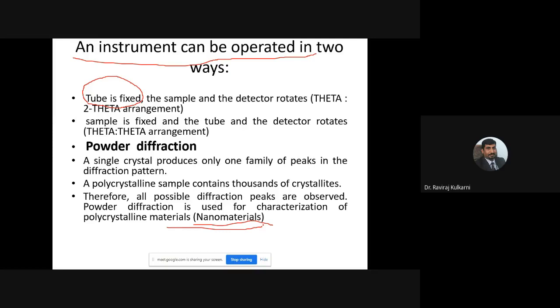Single crystal or polycrystal? Polycrystalline. For nanotechnology, we use polycrystalline, that is powder diffraction patterns. Nanoparticles are powders, right? So we use the powder diffraction technique for nanomaterials.